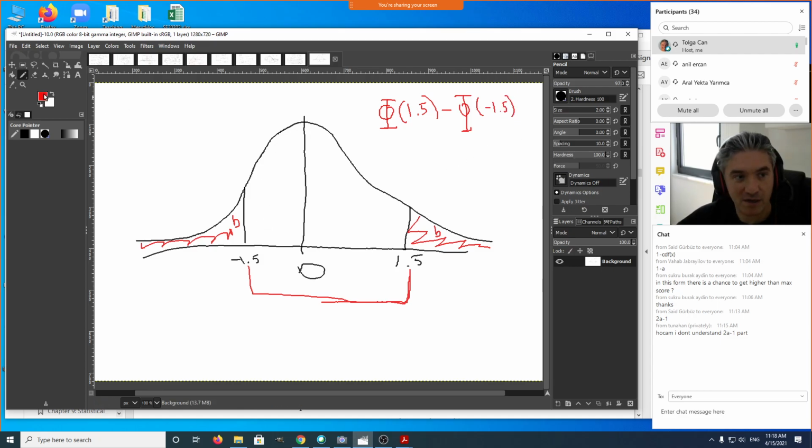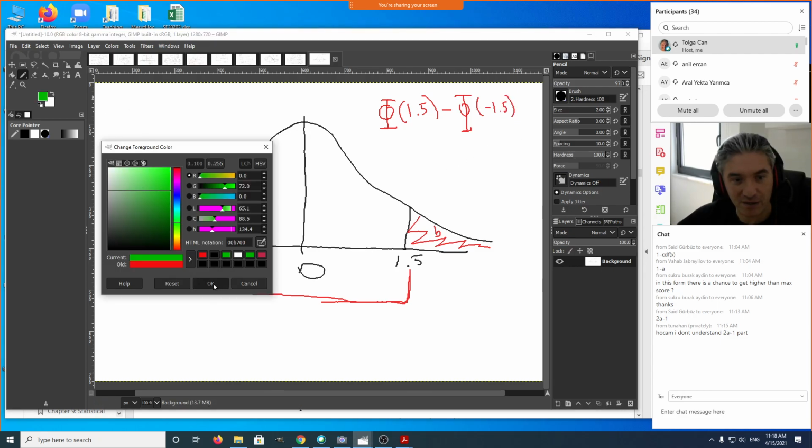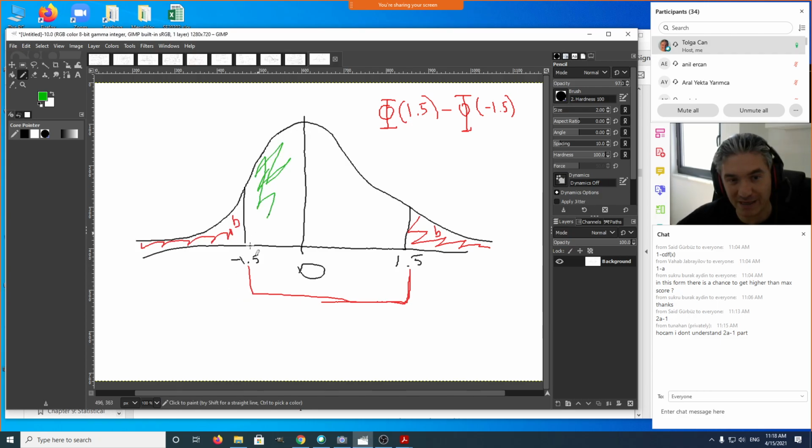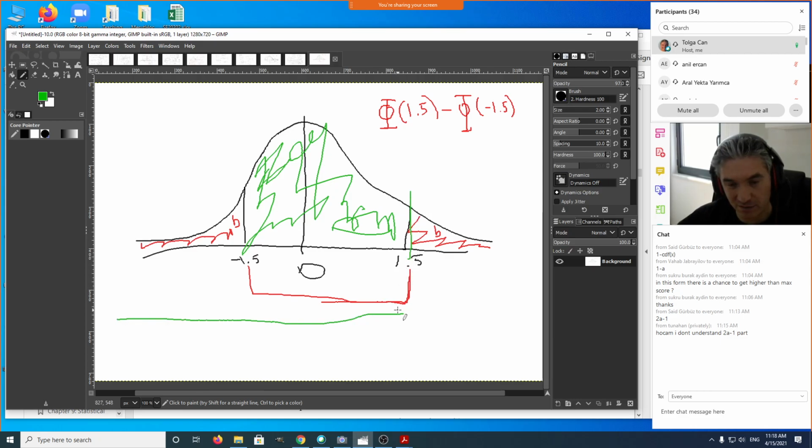It is the area under the curve in between, the proportion of the population asked about, which is given by the CDF of 1.5, the area to the left-hand side, subtracted by the area to the left-hand side of minus 1.5.